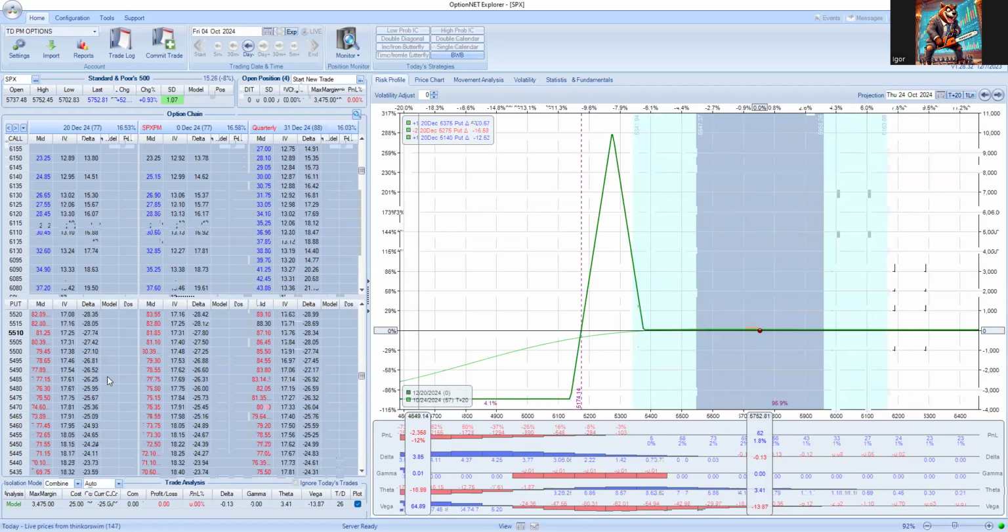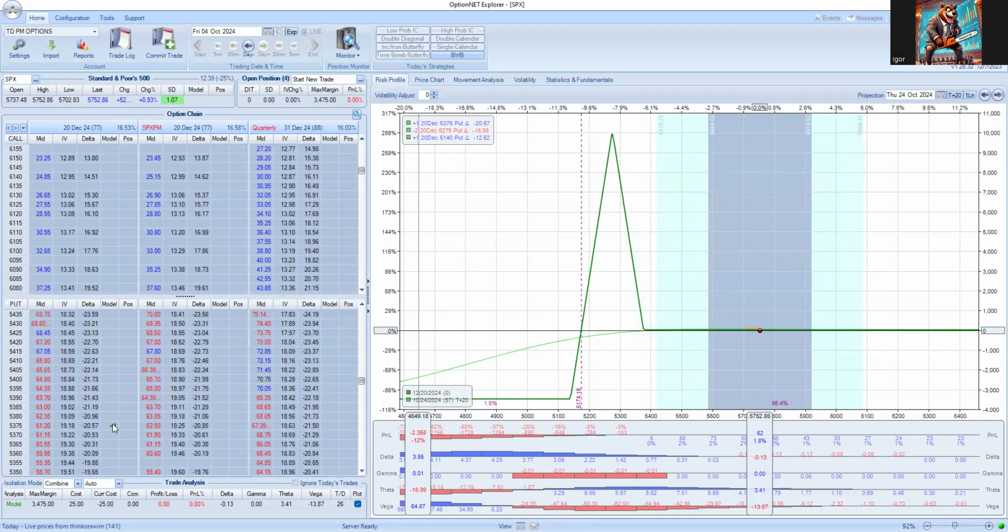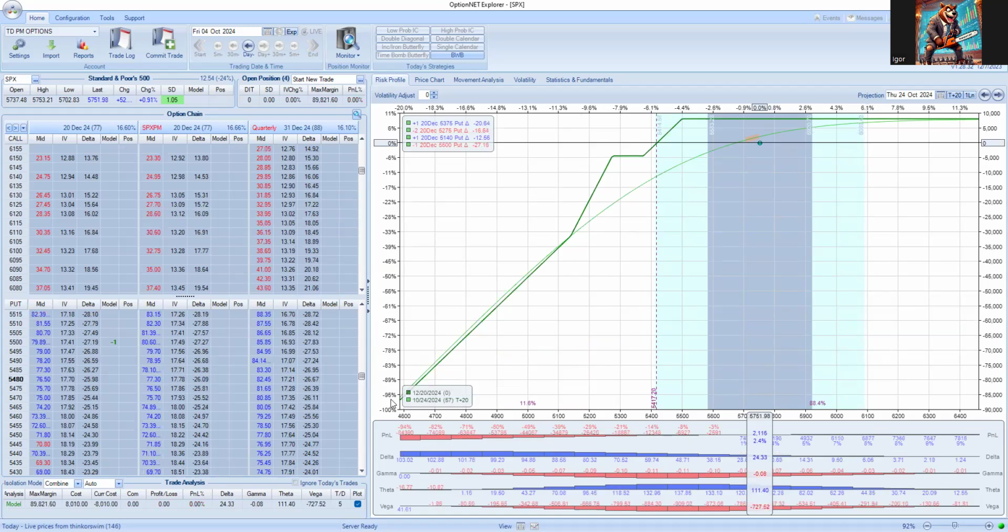That doesn't look right. Oh, shouldn't do 10, should only do one, right? So let's say we're moving 5,500s down, minus one, and then we buy one 20 points lower.